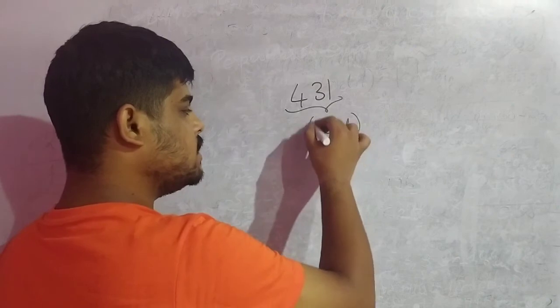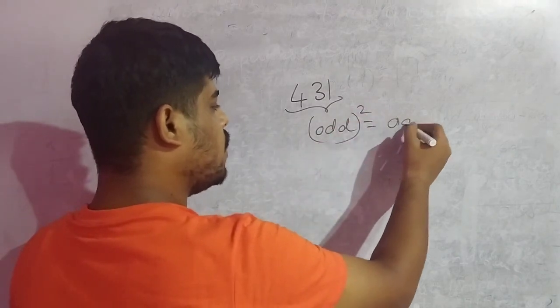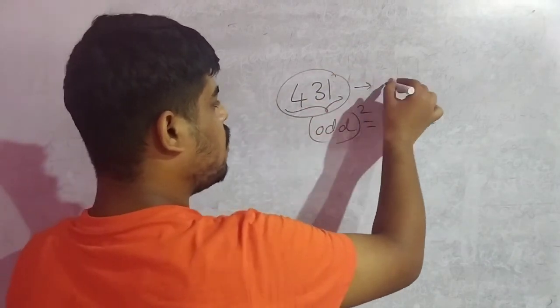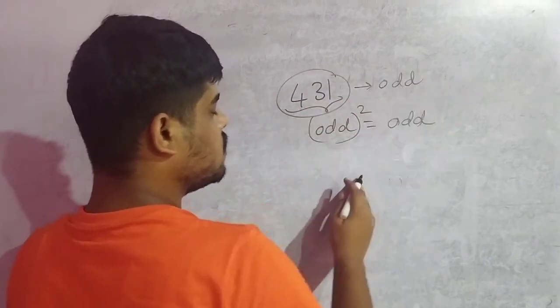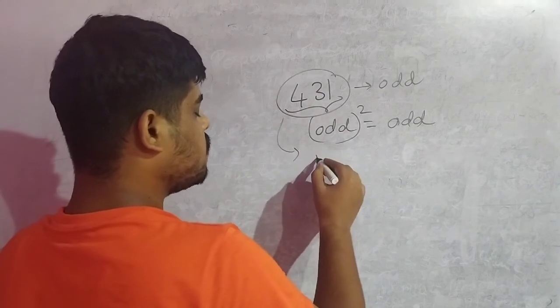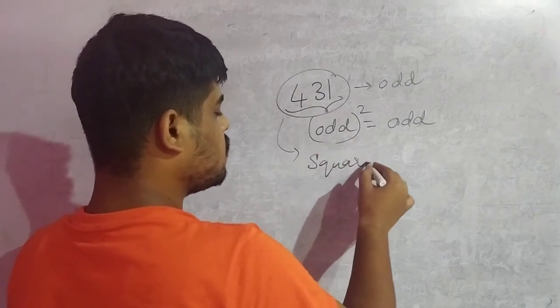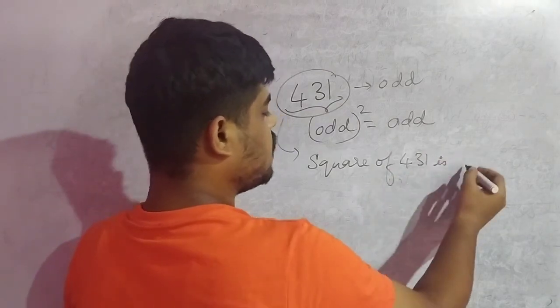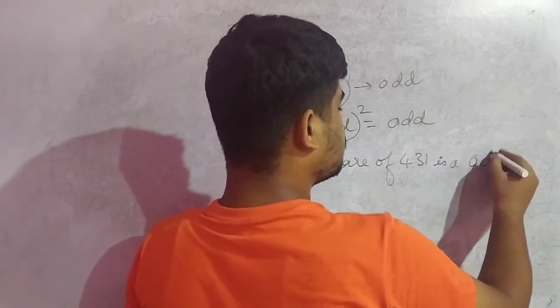The square of an odd number is always odd. So the square of this number will be odd. So we can write that the square of 431 is an odd number.